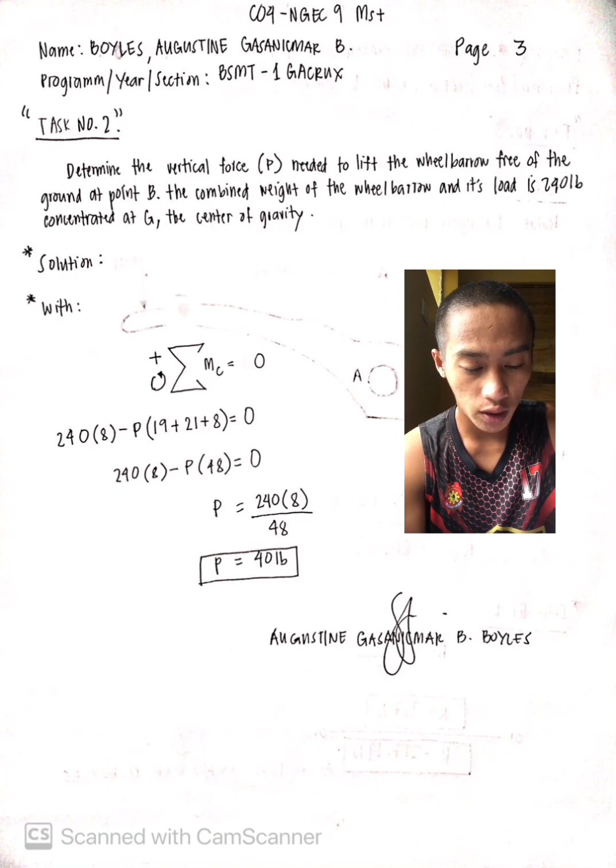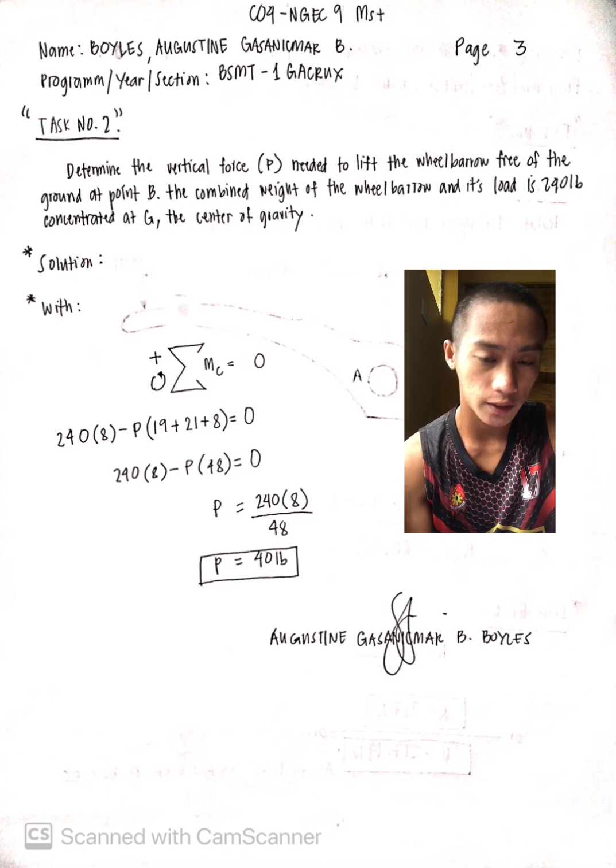So 240 times 8 minus P times 48 equals 0. We transpose, so P equals 240 times 8 over 48. Here we can find the equivalent of the P. So P equals 40.